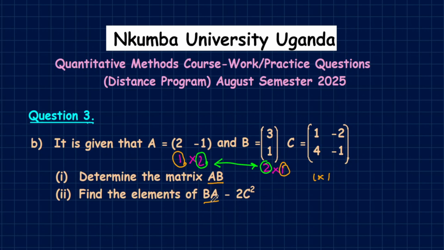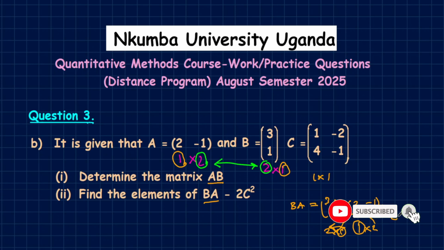Meanwhile, for this, it is going to have a different arrangement, with B coming before, 3 and 1. When you look at their order, you realize that this one is 2 by 1, and remember this one was 1 by 2. Still they are computable for multiplication, but the resultant matrix is 2 by 2. It is a square matrix that looks like matrix C. So that is one thing you have to note while working with matrices.